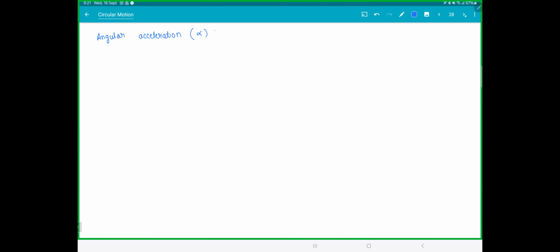So angular acceleration alpha is nothing but rate of change of angular velocity. So alpha can be written as d omega by dt. This just looks like dv by dt. This can be also written as omega d omega by d theta.